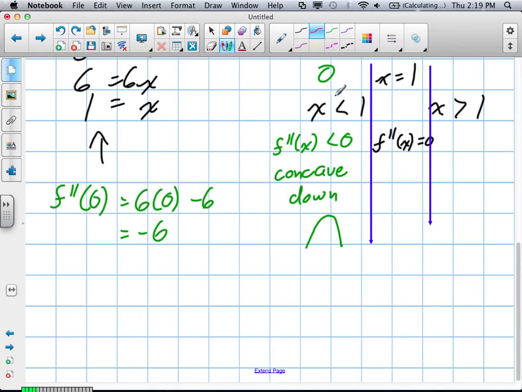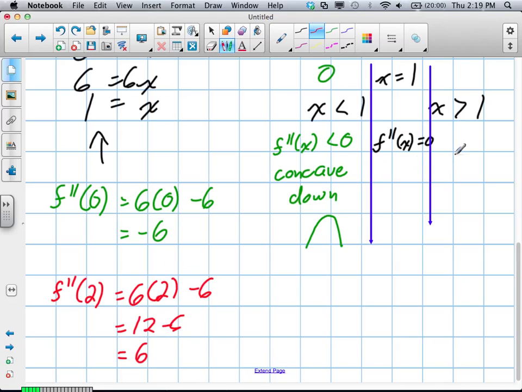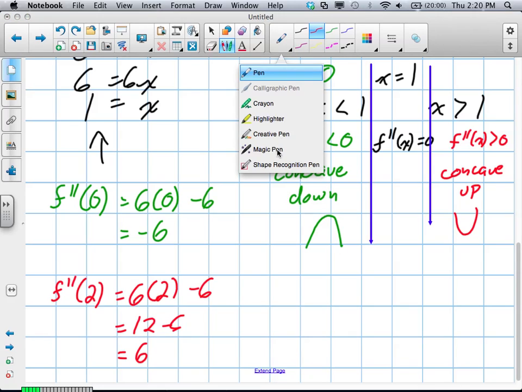Our other option is when we're greater than 1. So let's find f double prime when we're at the number 2. That would give us 6 times 2 minus 6. We're looking at 12 minus 6. Positive value. Very important. F double prime x is greater than 0, which means we are concave which way? Up. Now this is why we checked both.